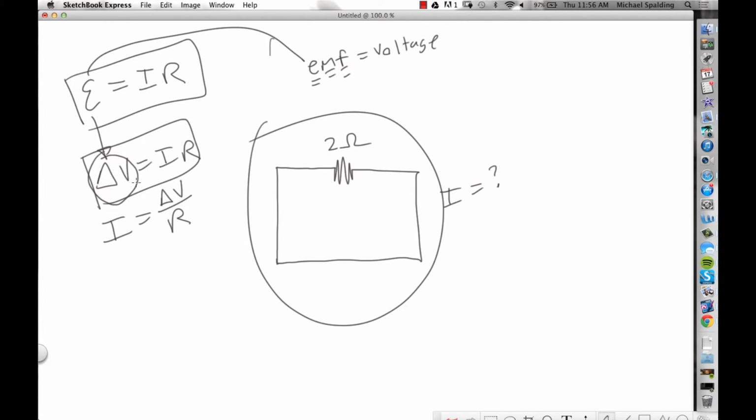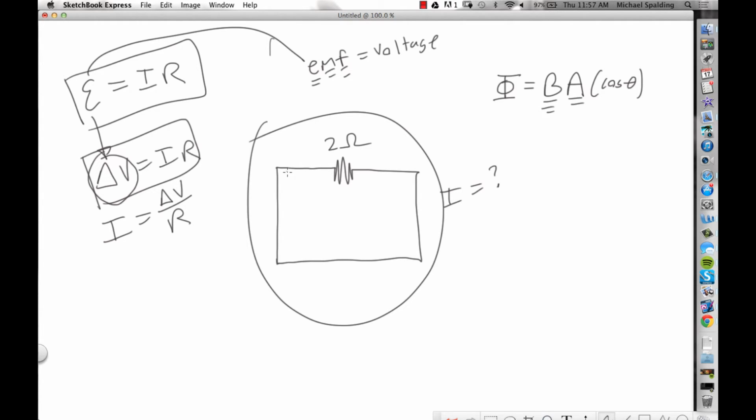Now, to do the problems in Chapter 20, it all starts with the topic of magnetic flux. Magnetic flux is this Greek letter phi, a circle with a line through it, and the equation for magnetic flux is BA cosine theta. B is the magnetic field.